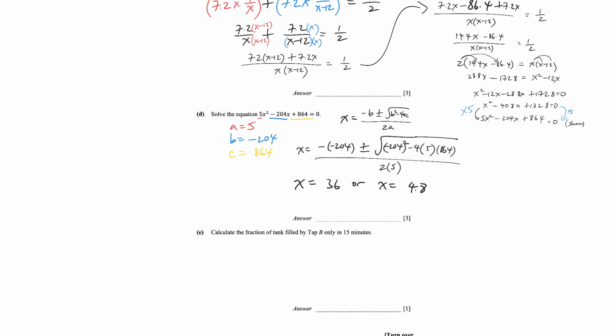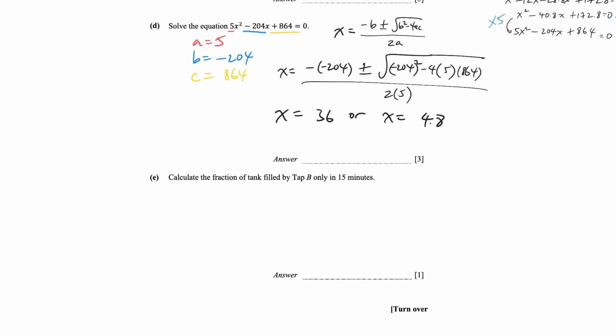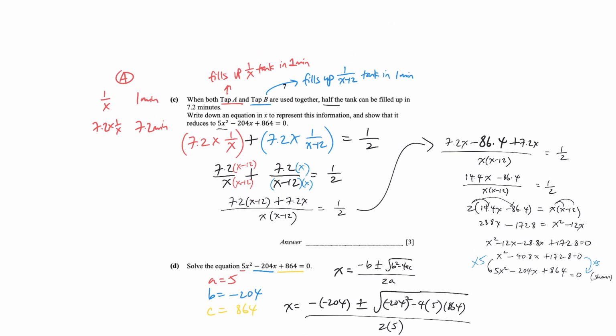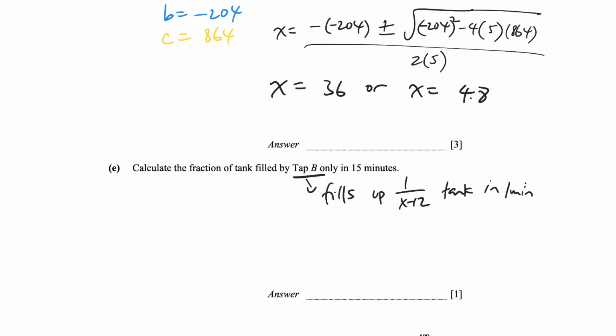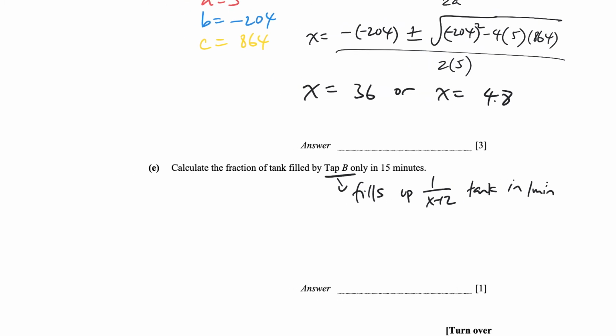Now they say, calculate the fraction of the tank filled by tap B only in 15 minutes. That's a very interesting question, because for tap B, we saw that it fills up 1 over X minus 12 tanks in 1 minute. So in 15 minutes, it's going to fill up 15 times 1 over X minus 12 tanks.